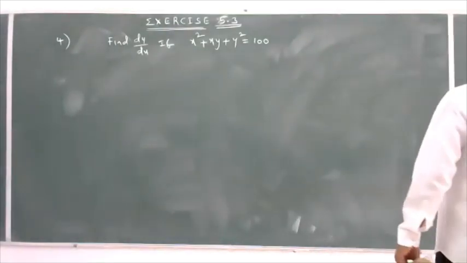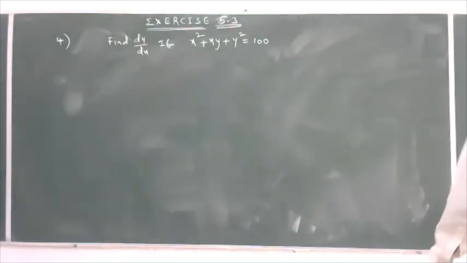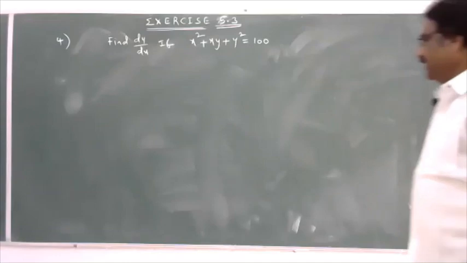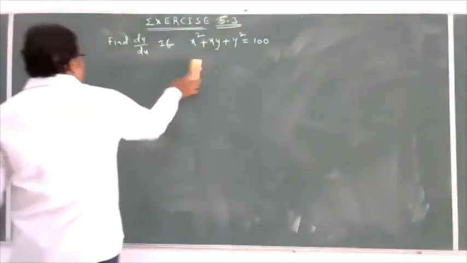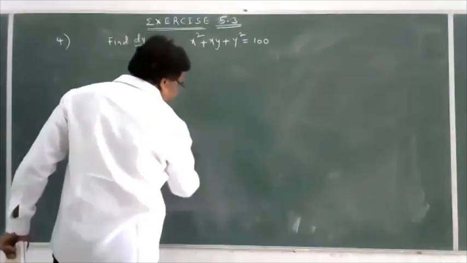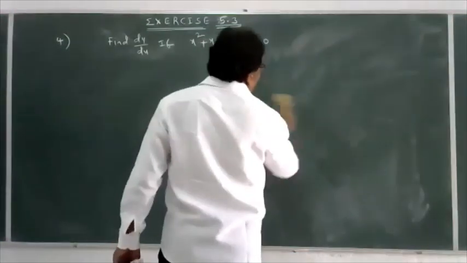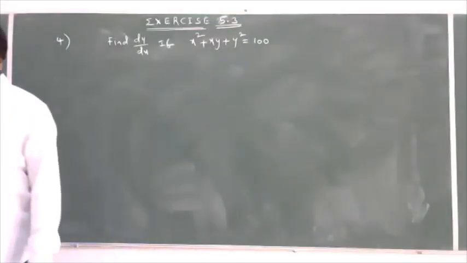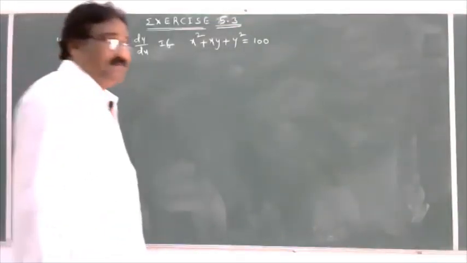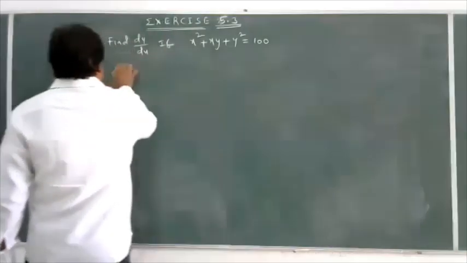You know the formulas. You know the function of function rule, that is the chain rule. You understood what is meant by implicit functions. The problems are very easy. So first practice the formulas. Formulas are very, very important.